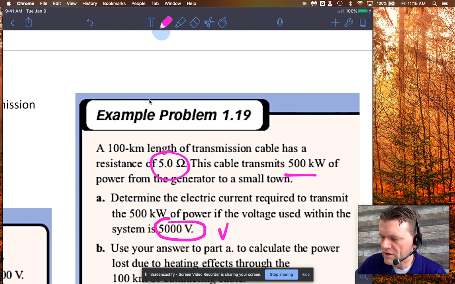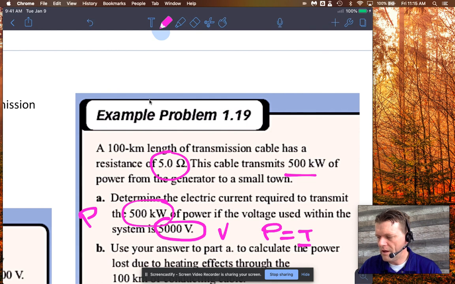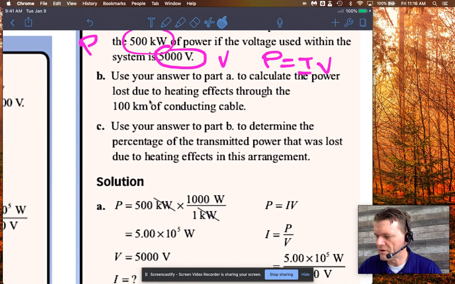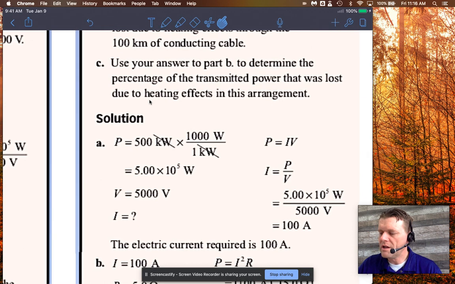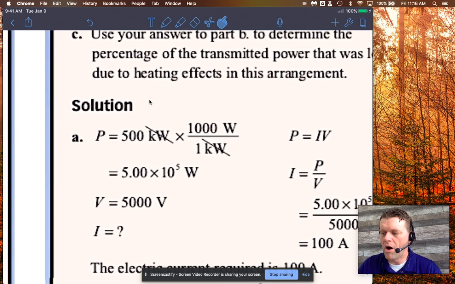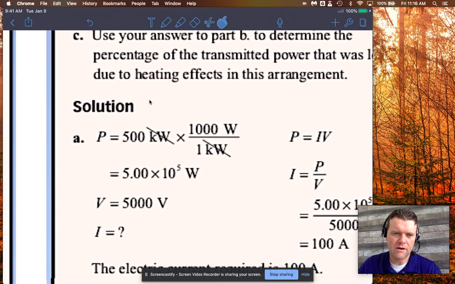Okay, so we have a voltage and we have a power in kilowatts. So we're trying to find the current. And they are related like this. Power is equal to current times voltage. Actually, let's go down to this first solution. First of all, we get the power into watts, so we have to multiply that by 1,000.